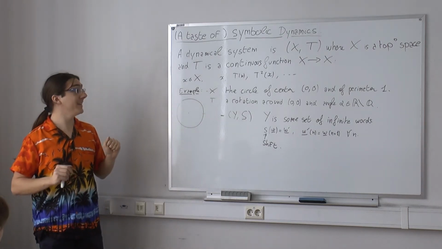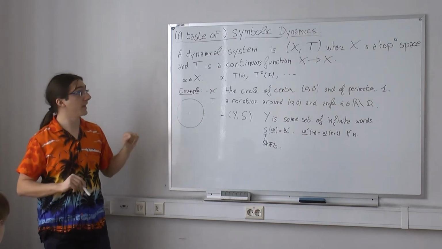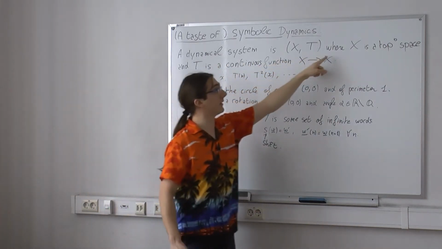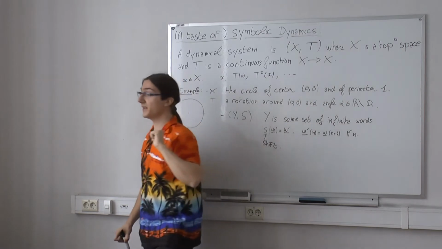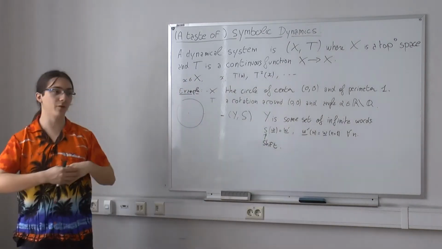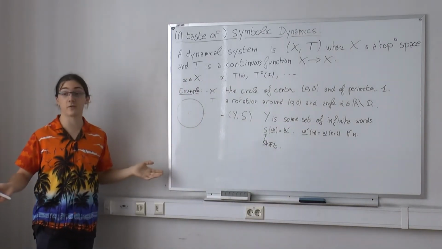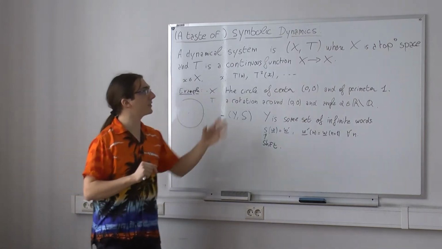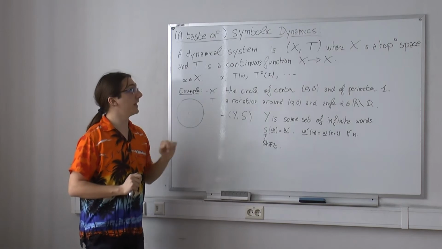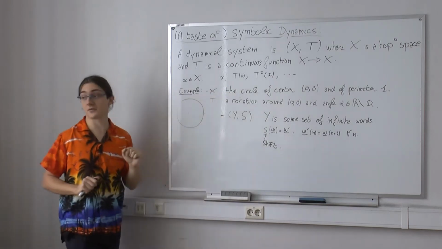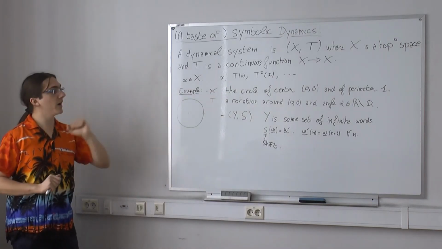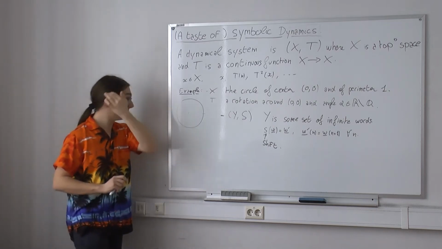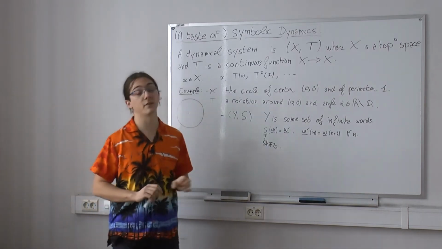And I also need to give you a topology. Like I required that my set is a topological space, because otherwise, if you take a completely arbitrary set without any information, it's really difficult to say anything about it. So at the very least, we want it to be a topological space, and we want the shift to be continuous for this topology. And we have another motivation to give a topology on a set of infinite words.